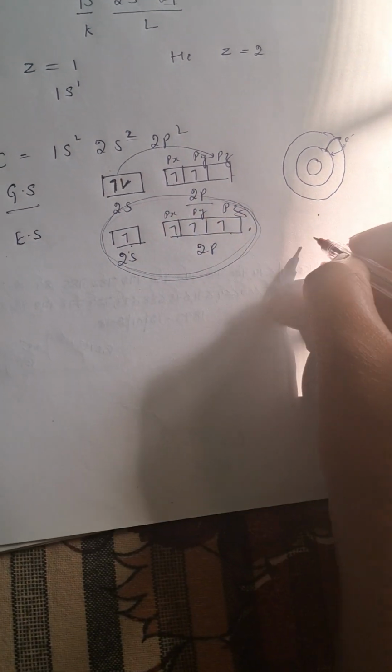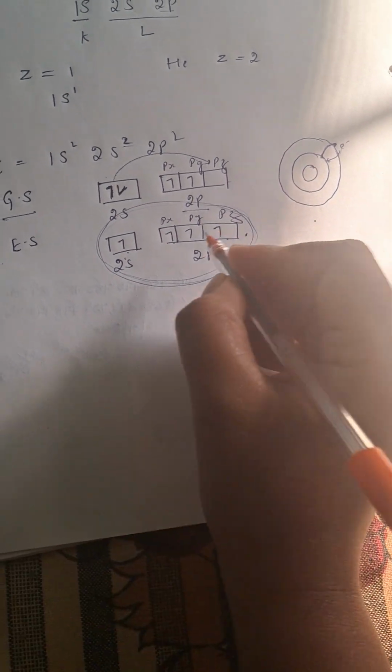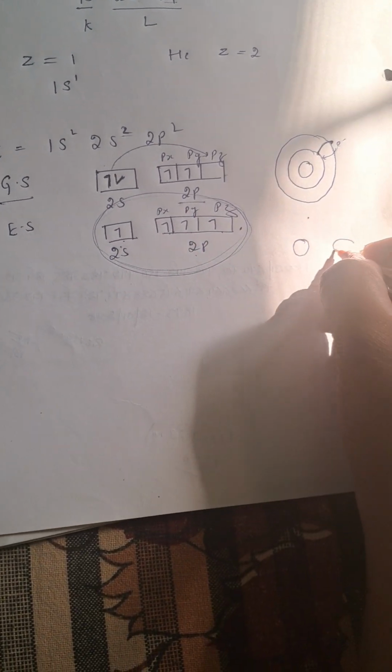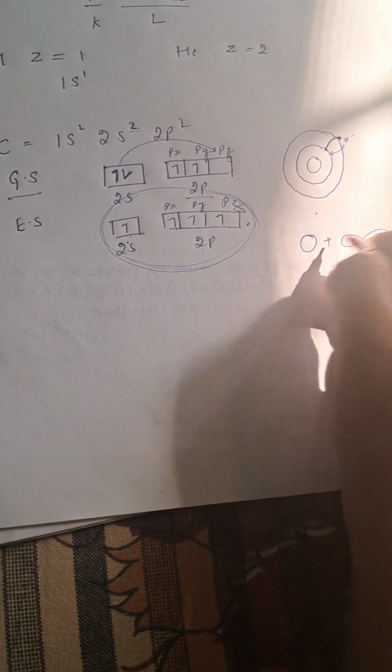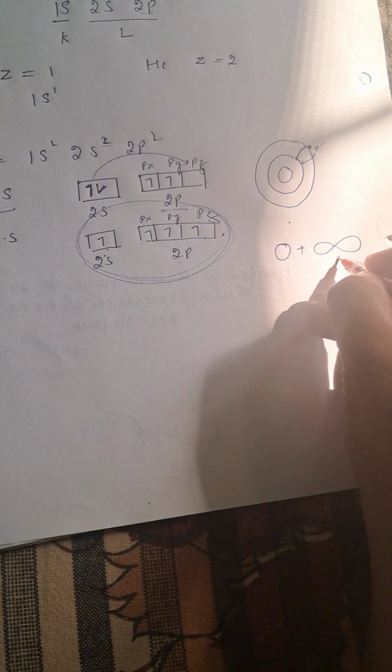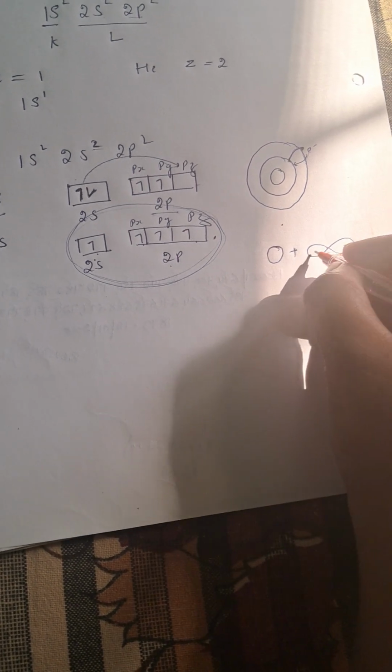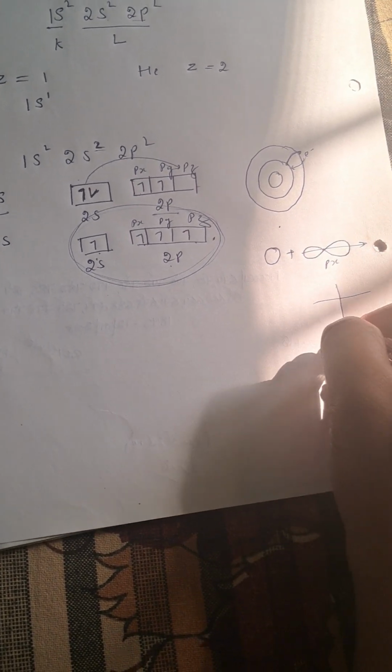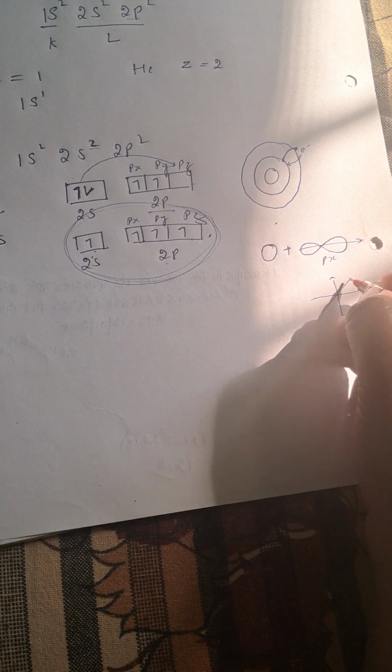4 hybrid orbitals will be expected in this case. What is the general shape of s? Spherical. What is the general shape of p? Dumbbell. Now how many p orbitals are undergoing hybridization? px, py and pz.